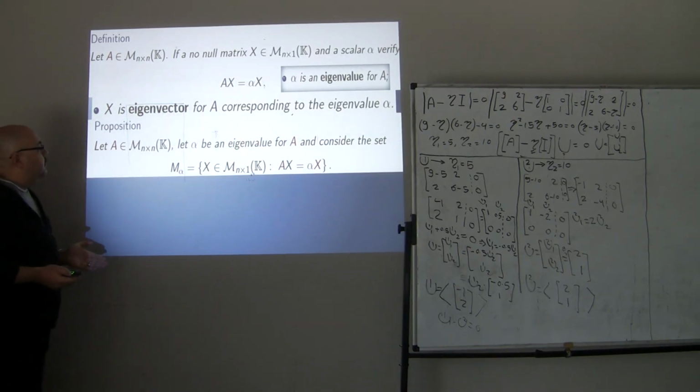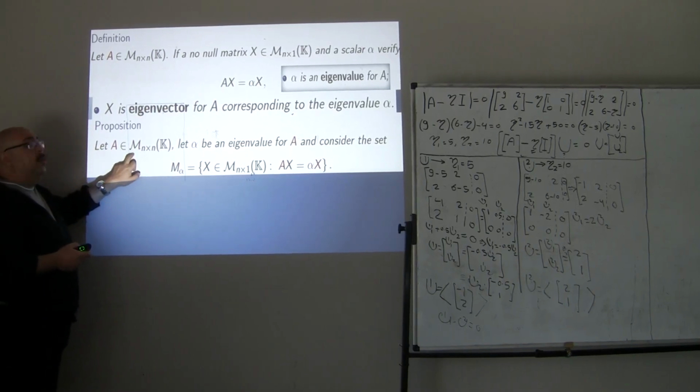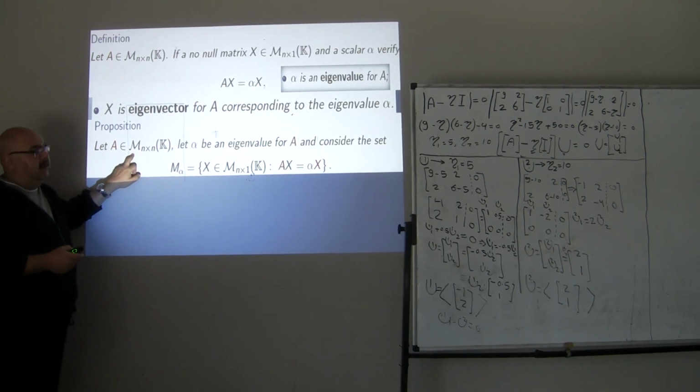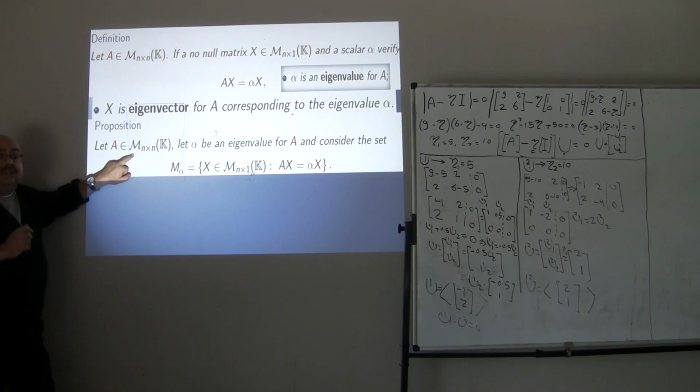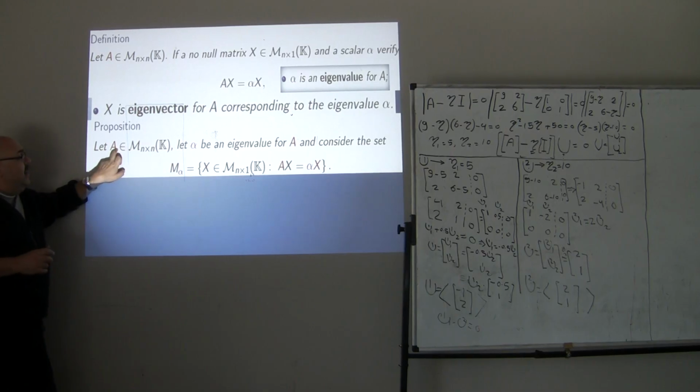Then the second step. Look how it is written. Proposition: let A be a square matrix, n by n. Just focus. So now I have A, which belongs to the square matrices.